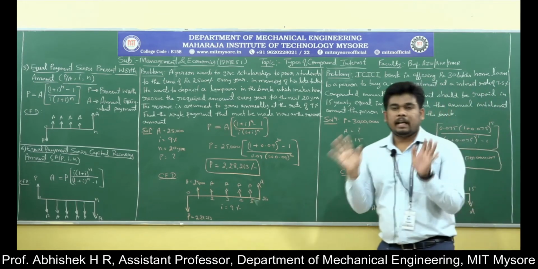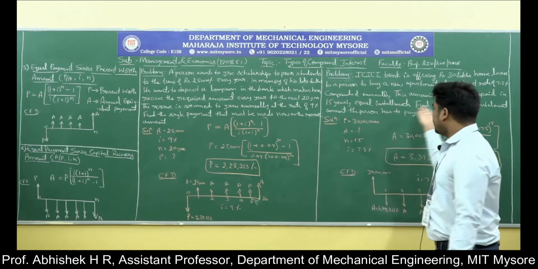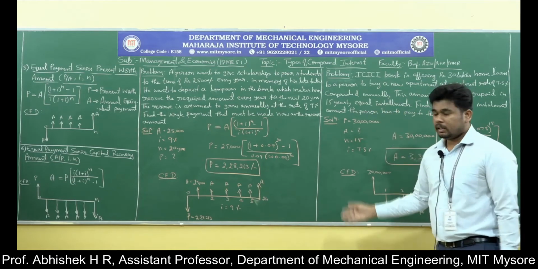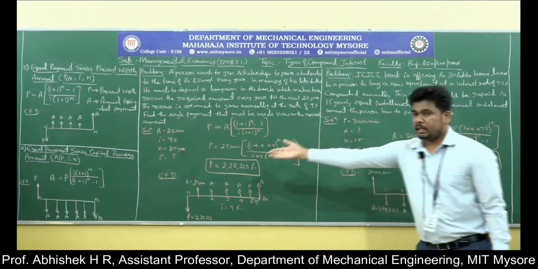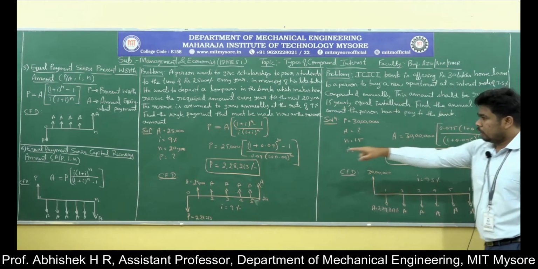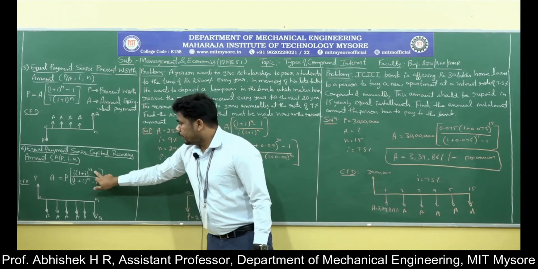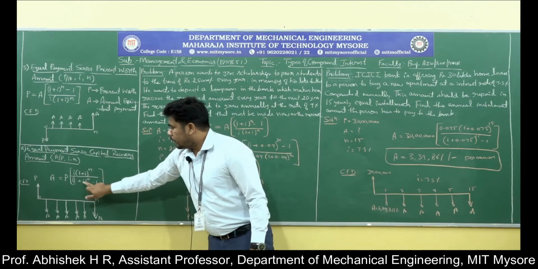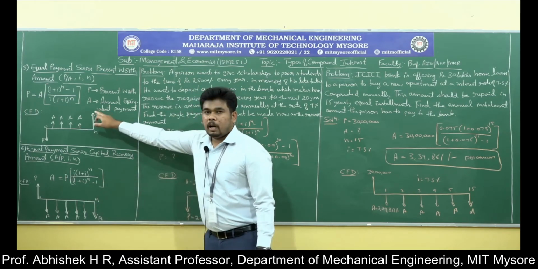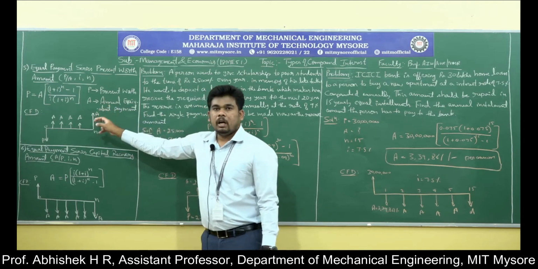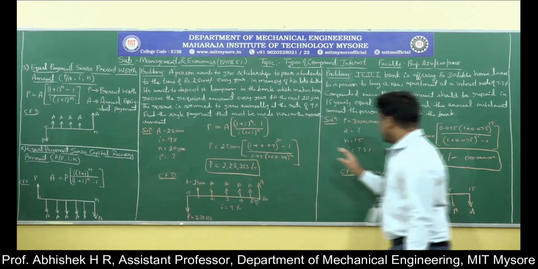It is just like a home loan. The bank is offering 30 lakh rupees, the duration is 15 years, and the rate of interest is 7.5%. Just apply the formula. A is equal to P of 1 plus I whole to the power of n, divided by 1 plus I whole to the power of n minus 1. It is the same formula as the fifth condition, just modified with respect to A. Now apply the values here.